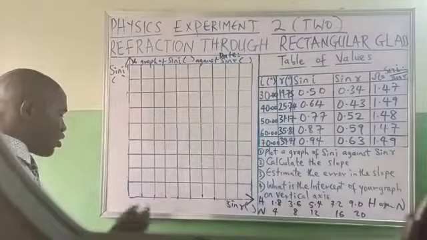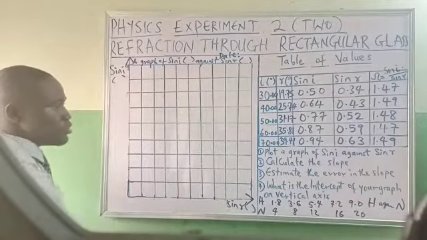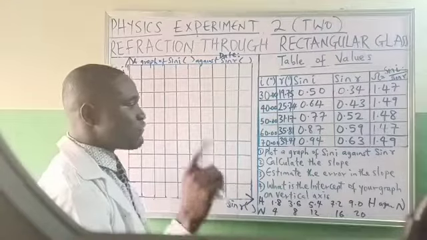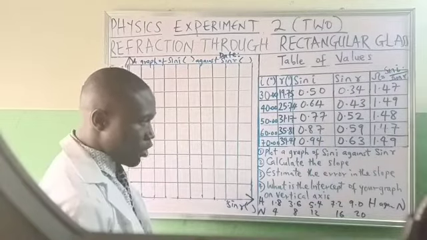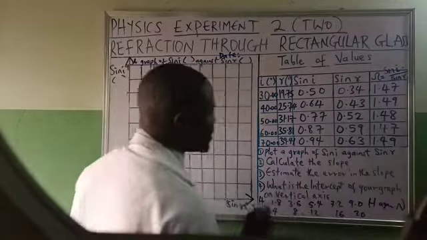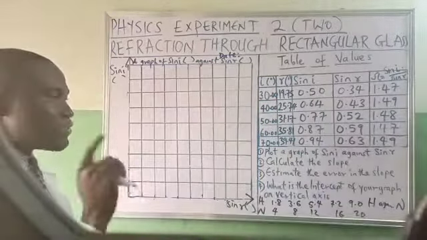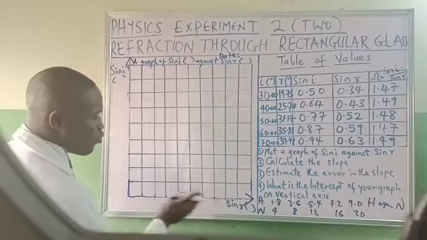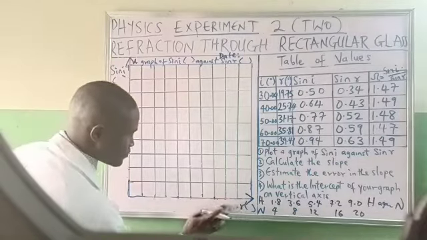If I come now, they didn't specify starting both sides from the origin. In this graph, plot a graph from this against this. They didn't indicate starting both sides from the origin. See what I will do. It's possible that I will not start from here.